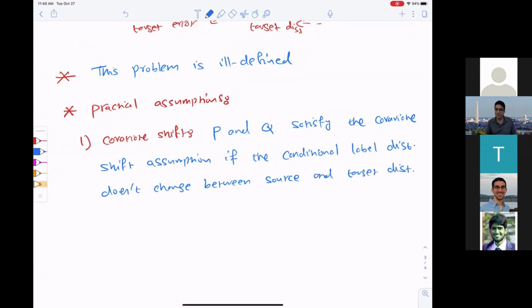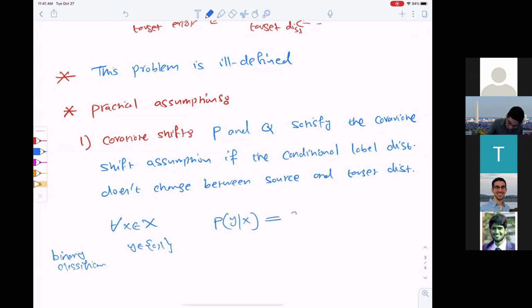So what does it mean? It means for any image that you have, let's say X is in the input space, and let's say we consider binary classification, so your Y can be 0 and 1. If I look at the probability of a label given an image X under P, that is the same as the probability under Q for that label given X.